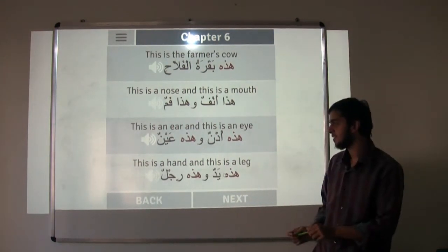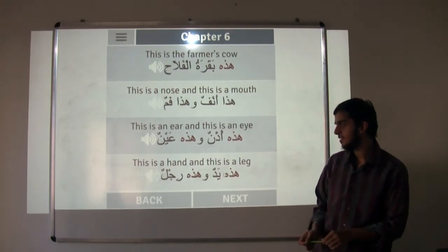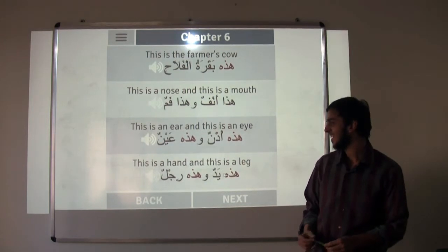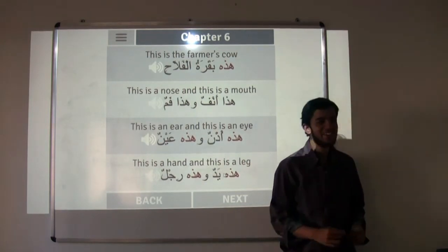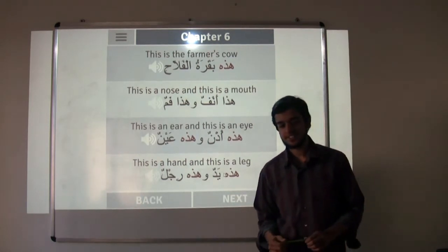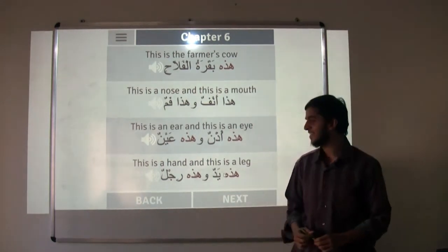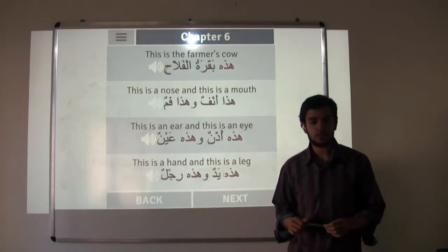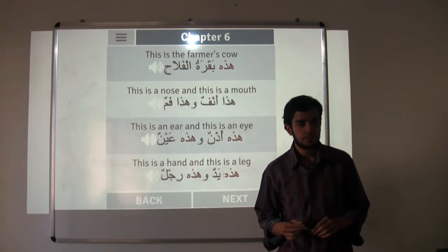Wa hadihi yadun wa hadihi rijlun. Leg, or rather foot. Another interesting thing: foot is qadamun, and rijlun also means foot.